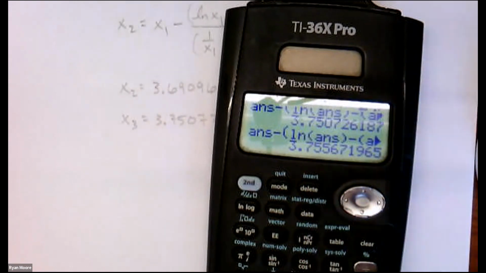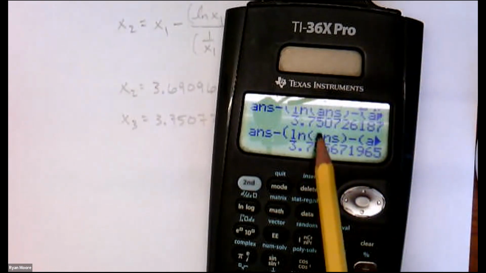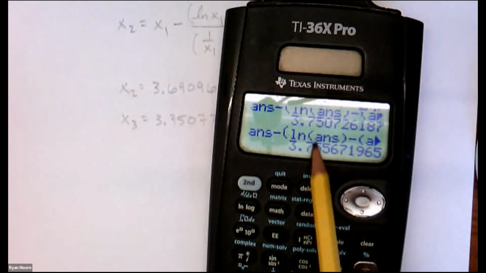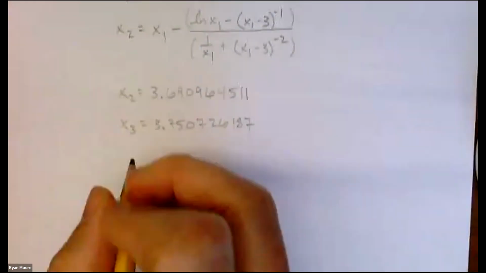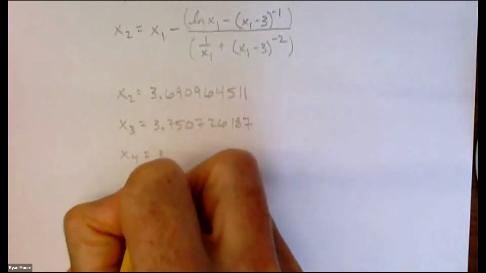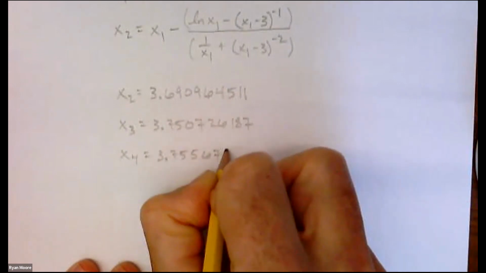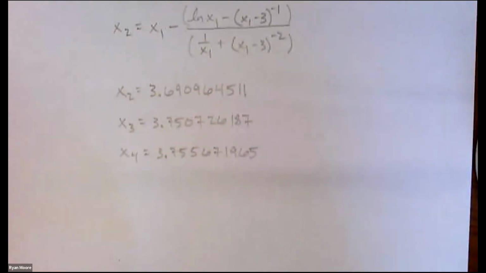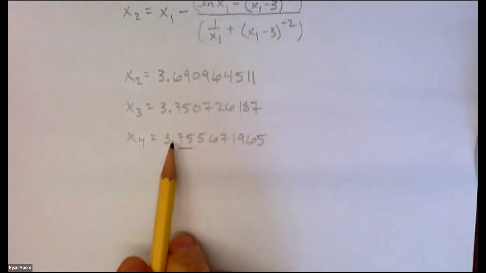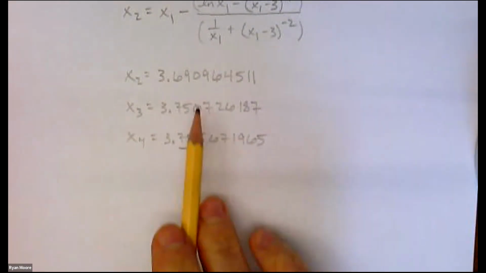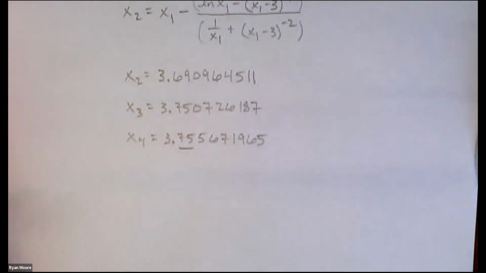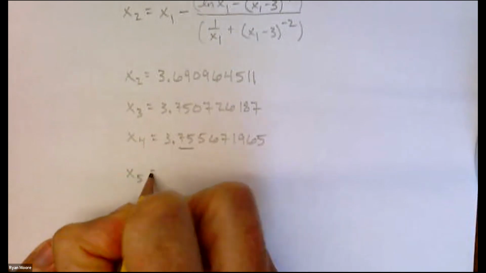Well, because it's becoming more accurate, every time it repeats, it's locking in those values. 3.7556711965. And I saw that 75 repeated. I'm going to keep doing this until 6 decimal places repeat from the previous one. And then I'll know that I've got this accurate to 6 decimal places.